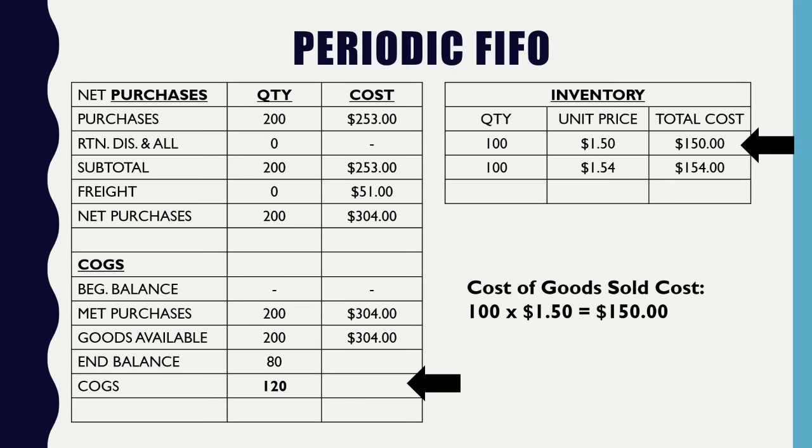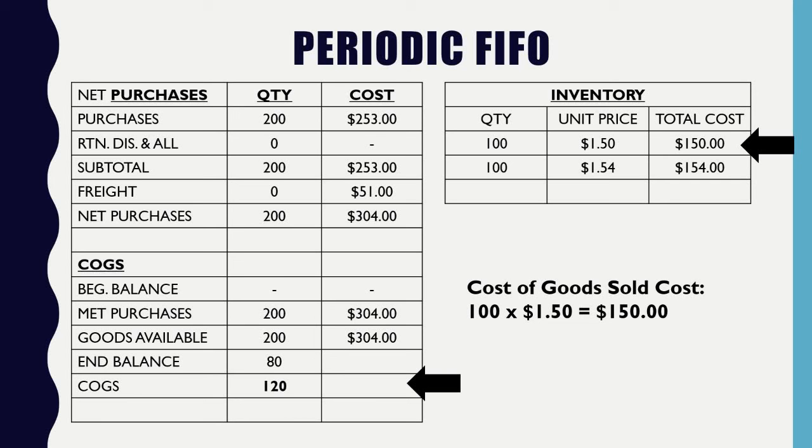We're going to utilize the whole total cost. That entire batch of 100 items is $150 to sell out.